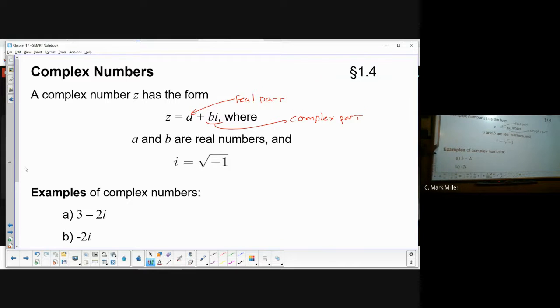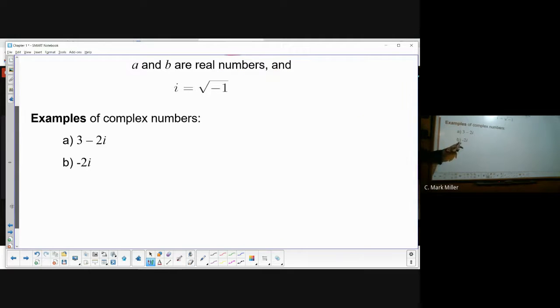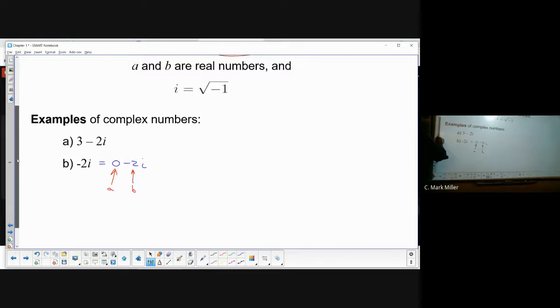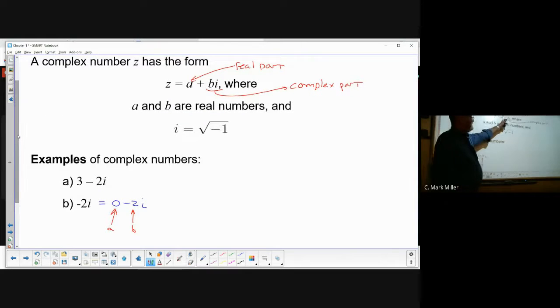I'm going to jump down to letter b down here, of that form. There's nothing to do in this example, no work to do. These are just examples of complex numbers. So minus 2i is really 0 minus 2i. Up here, this is the a, and minus 2 is the b, to put it in the form a, some number, plus some multiple of i.